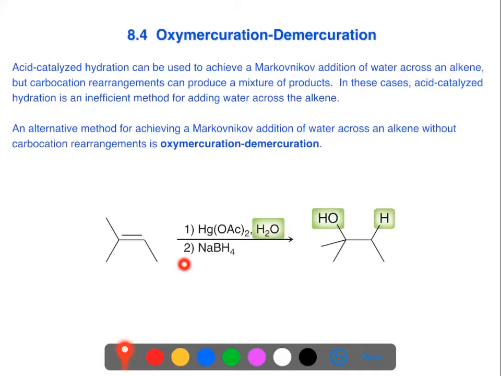When you see reaction arrows drawn in this way, with numerical bullets above and below, they represent individual, specific reactions. So let's look at more details for this reaction so we can understand A, why we have Markovnikov addition, and B, why we avoid rearrangements.